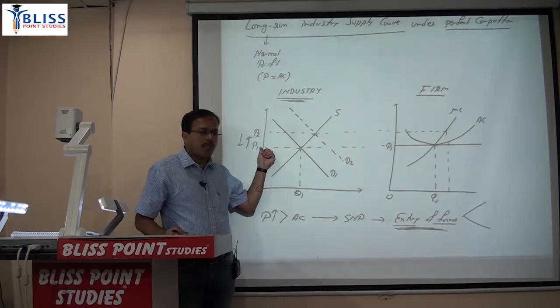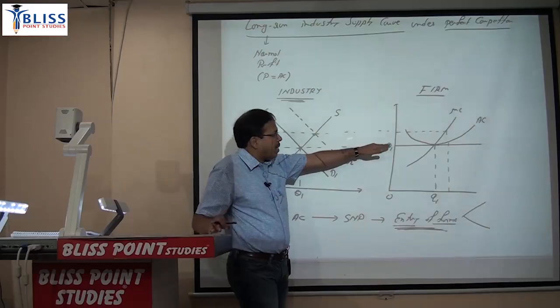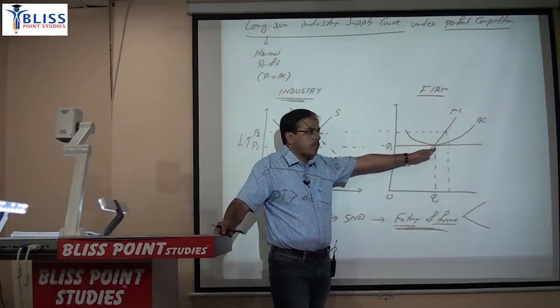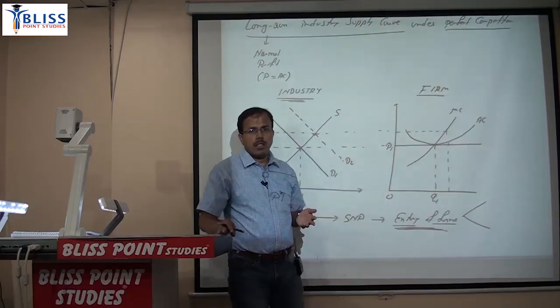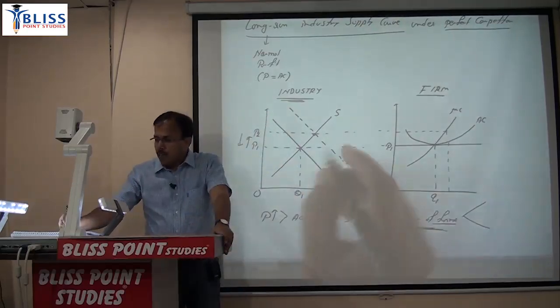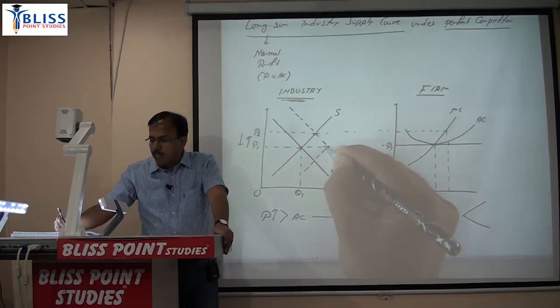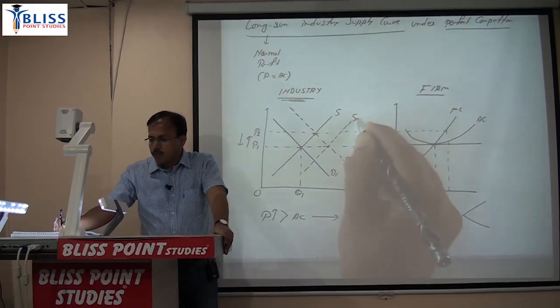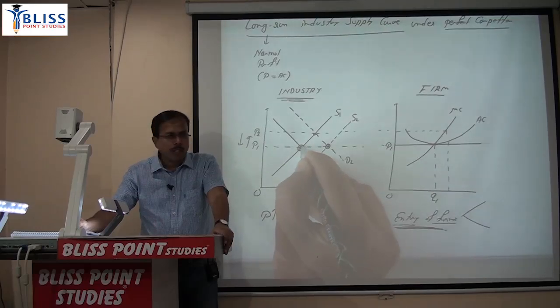Can it fall further? नहीं हो सकता. अगर आप इसको और फर्दर ले आओगे तो ये प्राइस और नीचे चला जाएगा, फिर यहाँ लॉस हो जाएगा. लॉस होने पे फिर से एग्जिट शुरू हो जाएगी. So this supply curve will shift to the right and it will shift exactly by this magnitude. This will be the final point, and we started with this point.